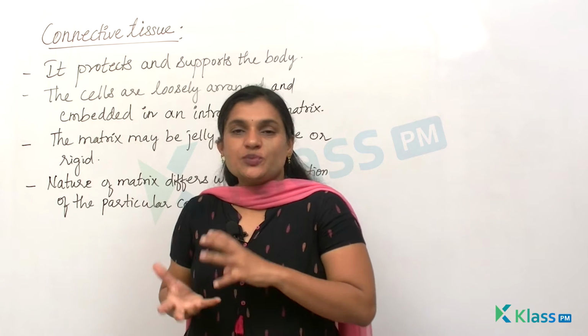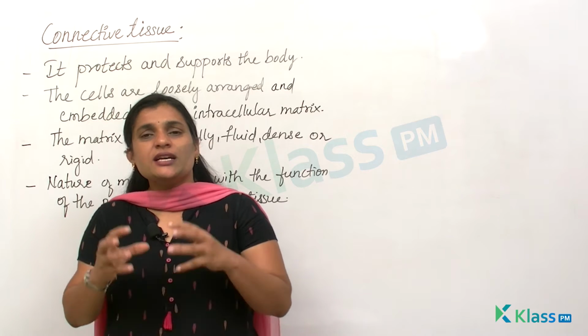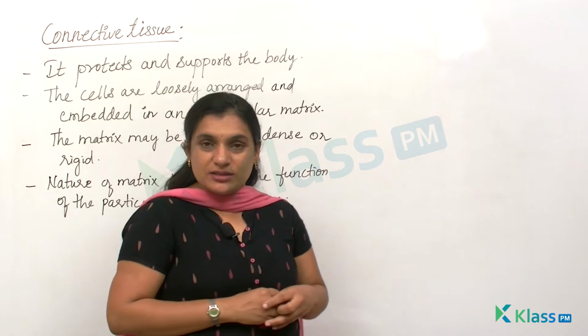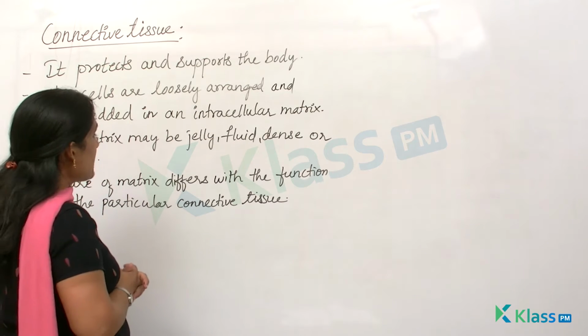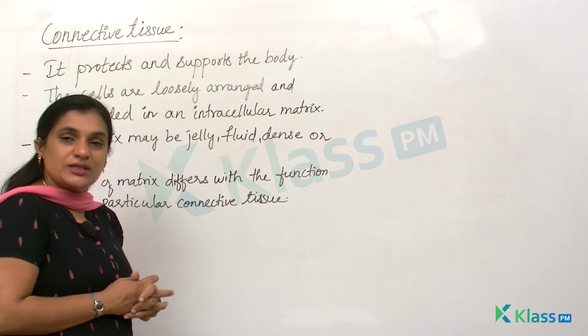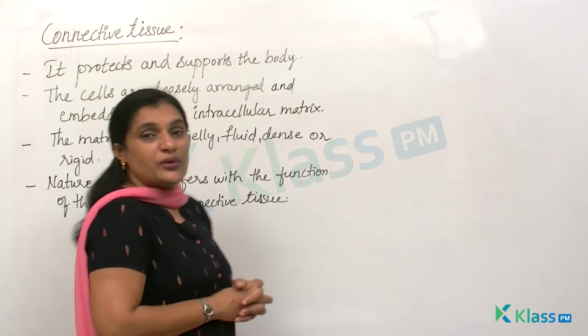Matrix is the space between these cells; intercellular matrix means the space between the cells. Now, the matrix may be a jelly kind of matrix, or a fluid, or it may be dense, or it may be rigid too.